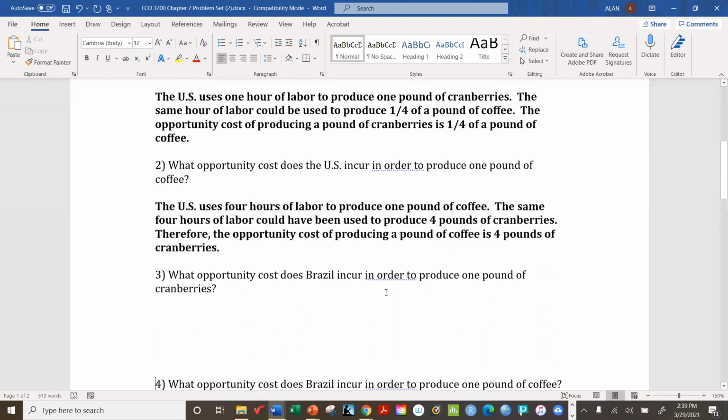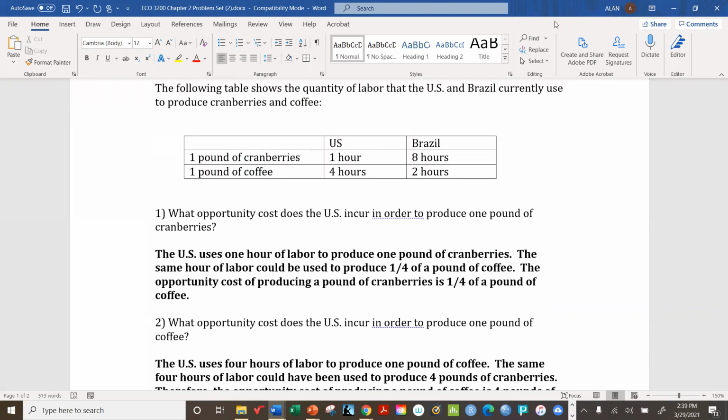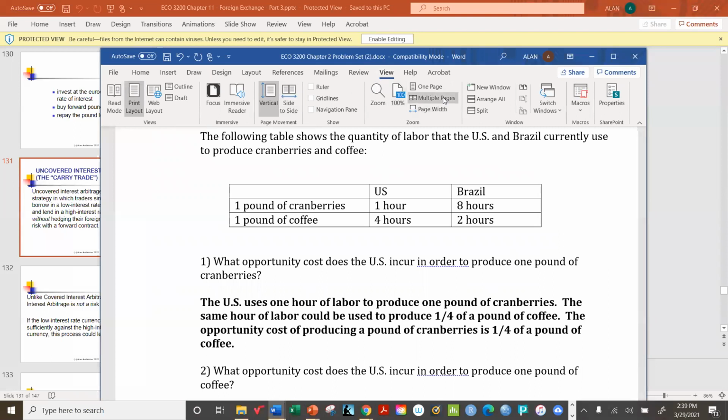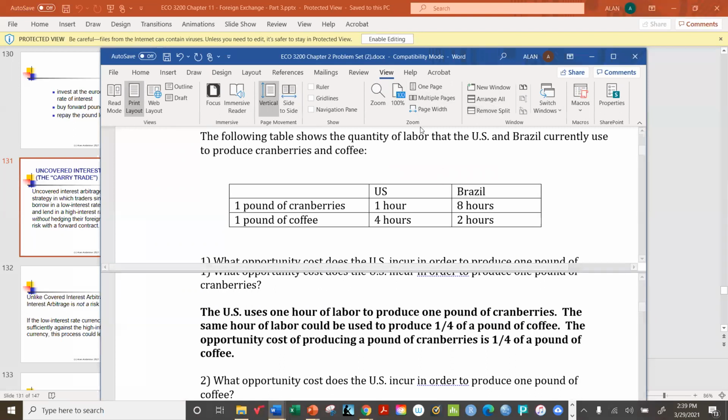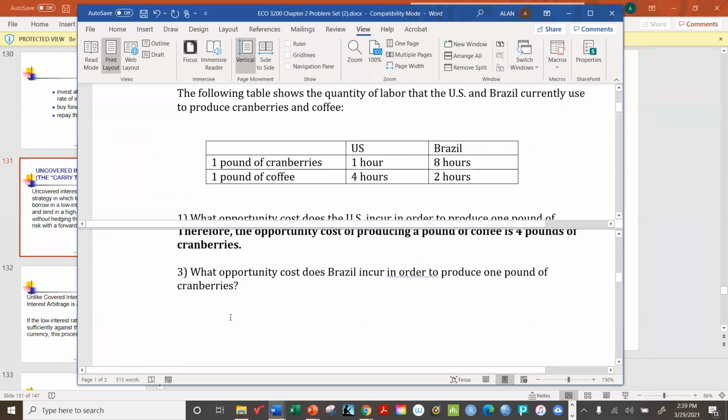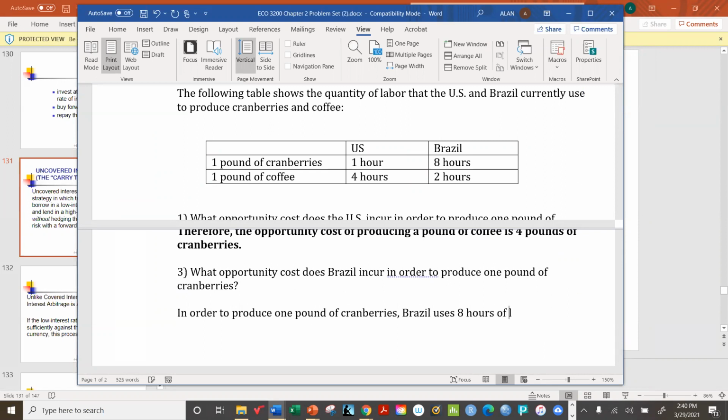everything works in reverse. Okay, so first let me split the screen so we can see what we're doing as we go along. So for Brazil, in order to produce 1 pound of cranberries, Brazil uses 8 hours of labor.